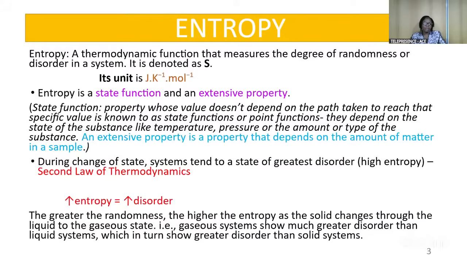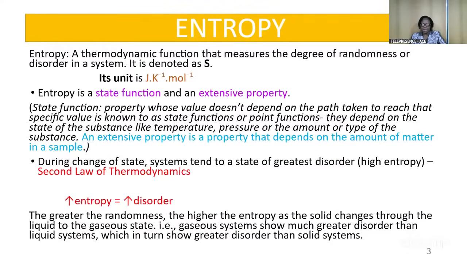And so when you are talking about the second law of thermodynamics, you are all familiar with the first law. The first law is the law of conservation of energy: you cannot create matter, but you can transform it from one form to another.